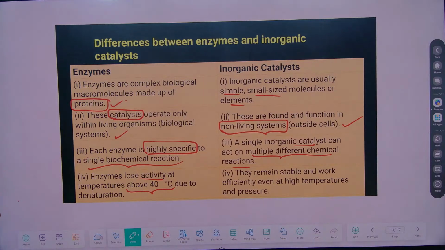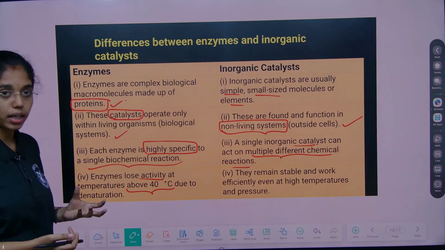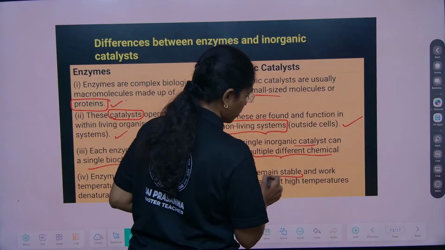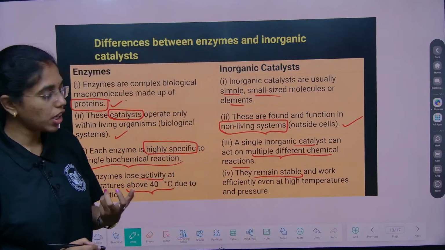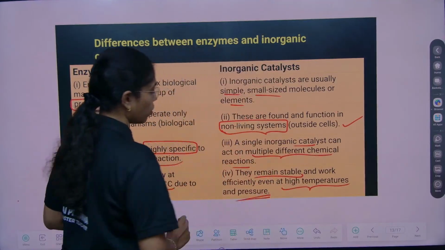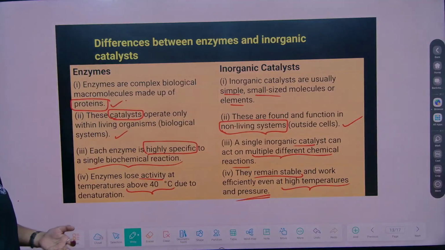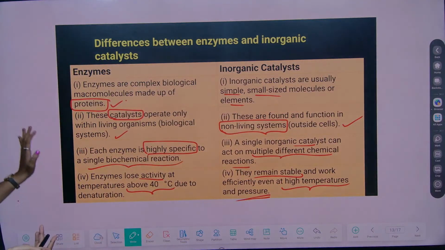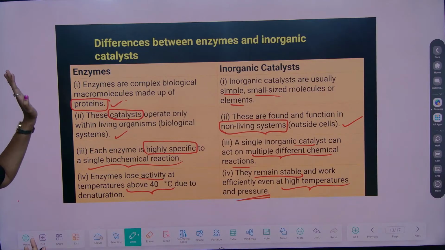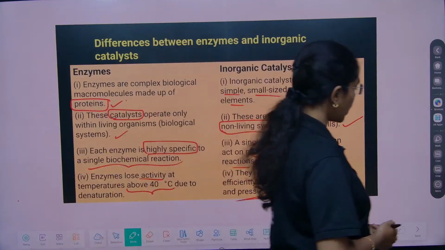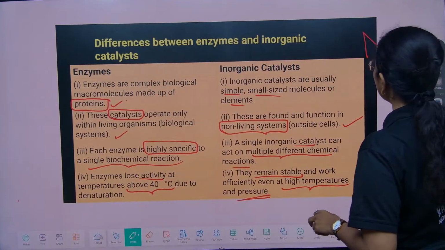Inorganic catalysts remain stable and work efficiently even at high temperature and pressure. So these are the key differences between enzymes and inorganic catalysts. Clear, right? Very important to note.